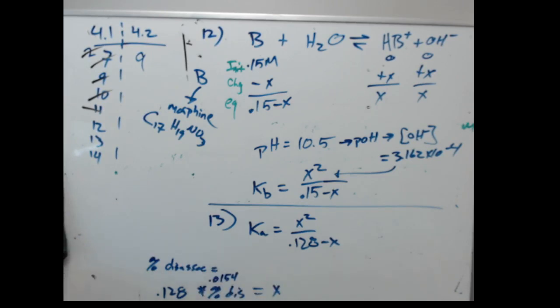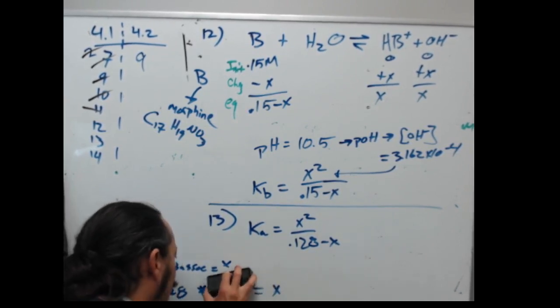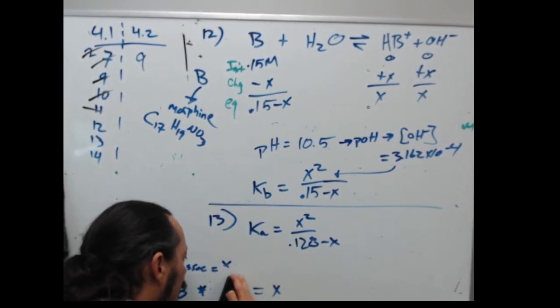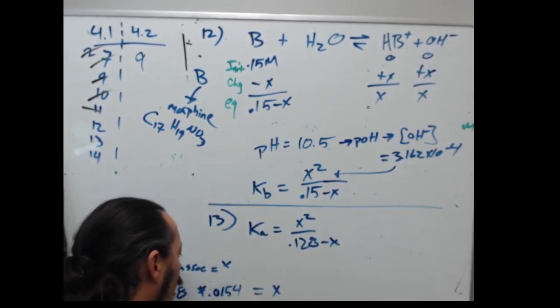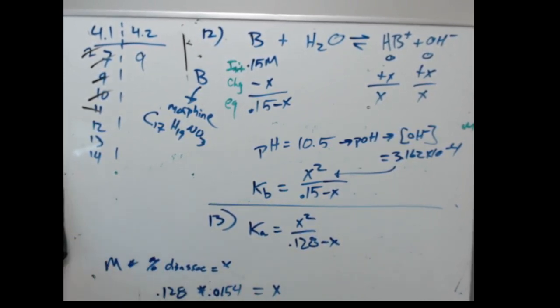The 0.128 was my random molarity, so it's molarity times percent disassociation equals x. Technically it's percent disassociation divided by 100. And that gets me my x value.